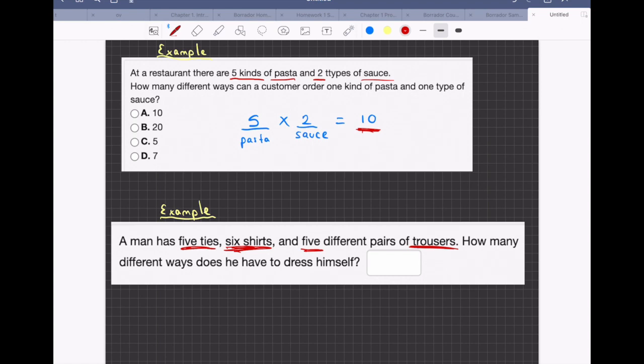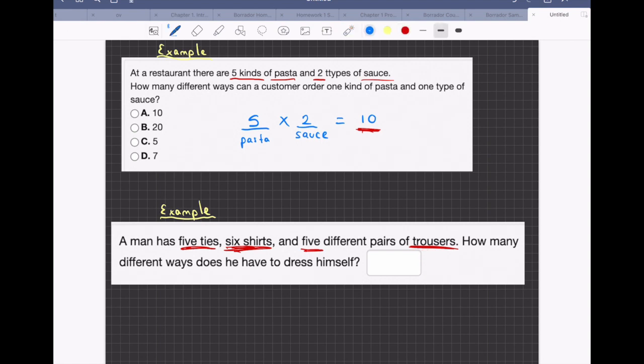Well, in this case, what do we have to do? Again, we are not asking how many possibilities from each of them. We are not picking only one. This person is not picking only one, but is going to choose all of them as a sequence. First tie, shirt, and trouser. In how many ways can he do that?